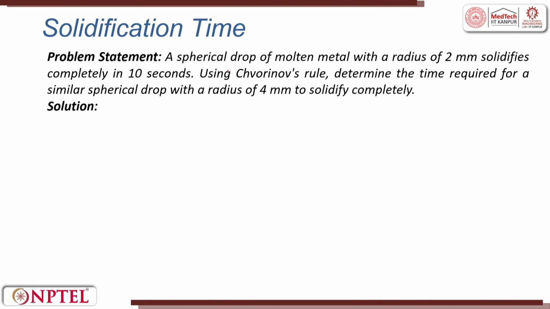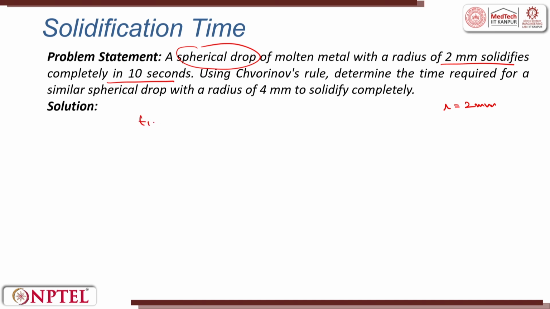This is another problem statement, similar to this, that you will go through by yourself. A spherical drop of molten metal with a radius of 2 mm solidifies completely in 10 seconds. Using Chvorinov's rule, determine the time required for a similar spherical drop with a radius of 4 millimeter to solidify completely. Again the same concept will be used. R is 2 millimeters, completely solidifies in 10 seconds.